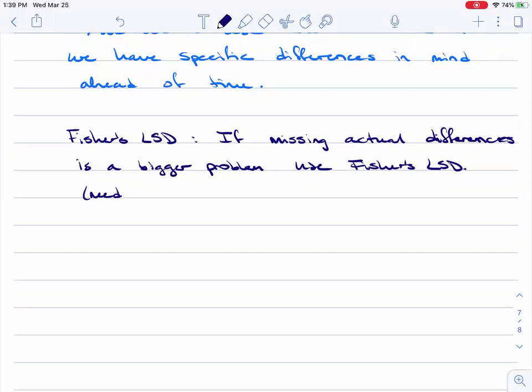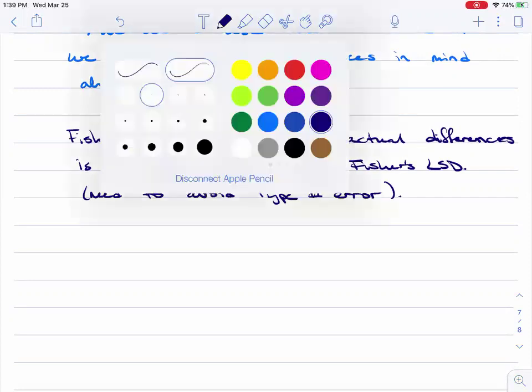I'll put in brackets here, if we need to avoid type 2 errors. So it depends on the situation, right?